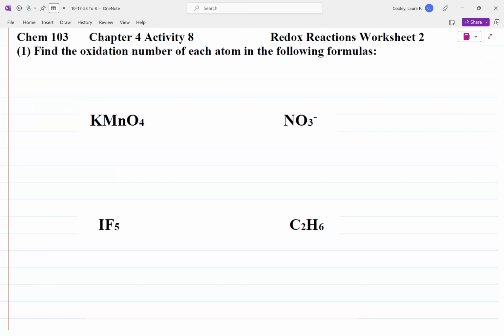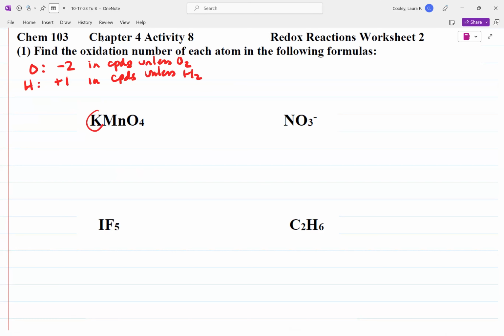Now you have to start with what you know from the oxidation number rules. What you know is that oxygen in compounds is -2, unless it's O2. Hydrogen is +1 in compounds, unless it's H2.